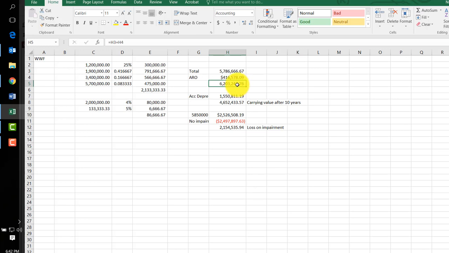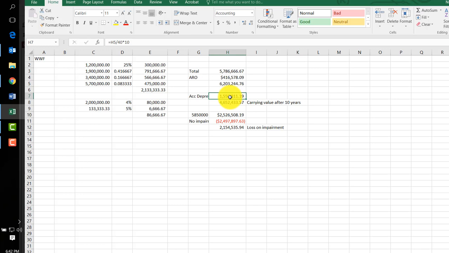That would be what your asset would be listed for. You would have an asset retirement obligation liability of this number, and then of course the interest came from interest expense, and the 5.7 would have been paid out in cash, to make it all work out.